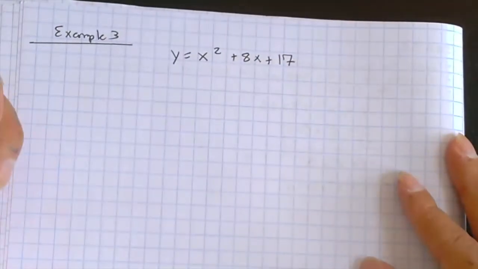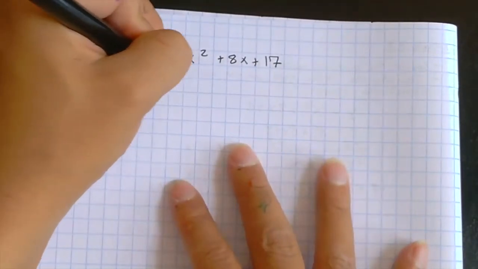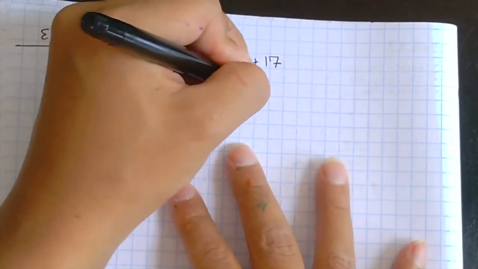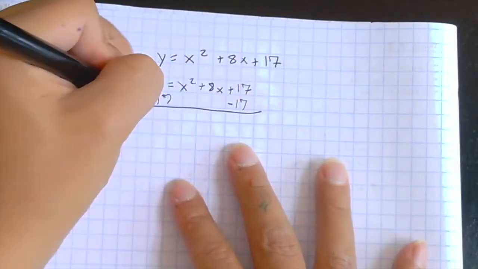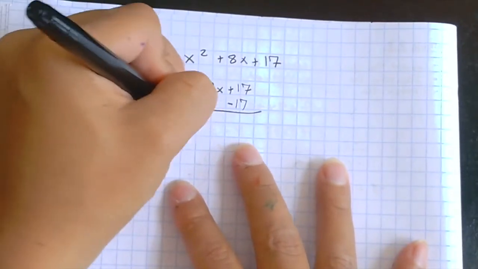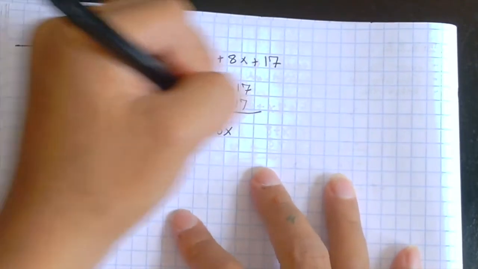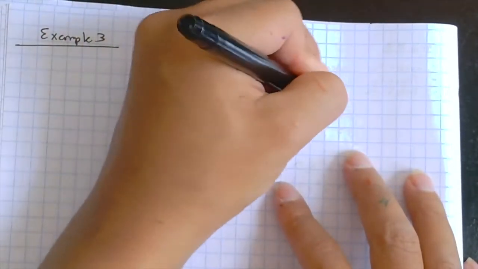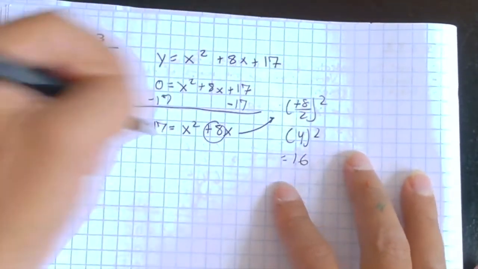Number 3, y equals x squared plus 8x plus 17. 0 equals x squared plus 8x plus 17. Subtract 17 from both sides. Negative 17 equals x squared plus 8x. Take that b value, positive 8, over 2, squared: 4 squared, 16.